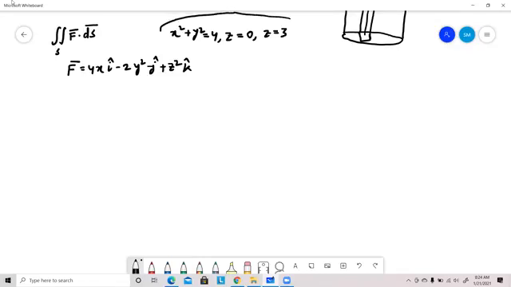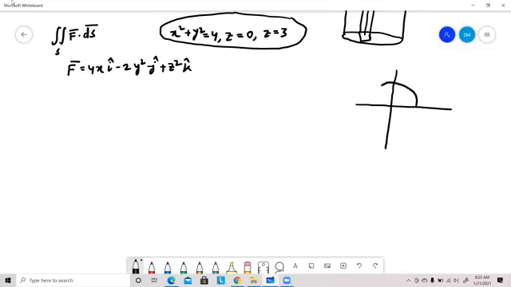Now the question is, what about this bounding region? What's the geometry combining these three equations? X square plus y square equal to 4. এটা কি হবে? Circle. Circle whose radius is 2, center 0 0.